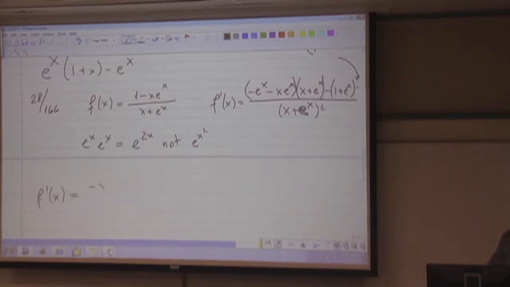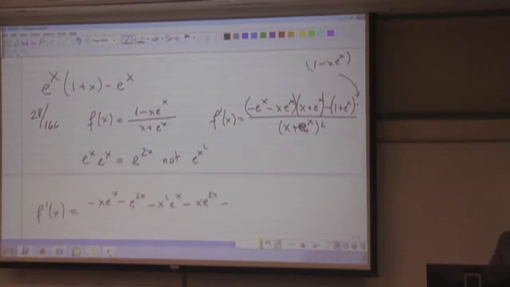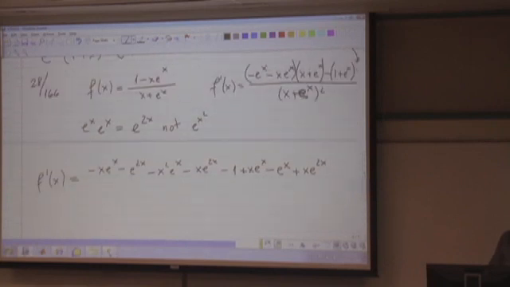You get minus x e to the x minus e to the 2x minus x squared e to the x minus x e to the 2x minus 1 plus x e to the x minus e to the x plus x e to the 2x, all divided by x plus e to the x quantity squared.